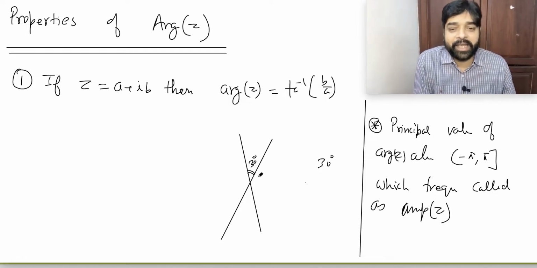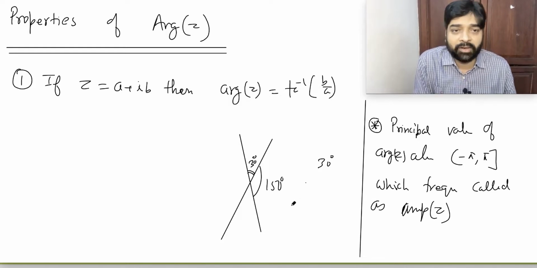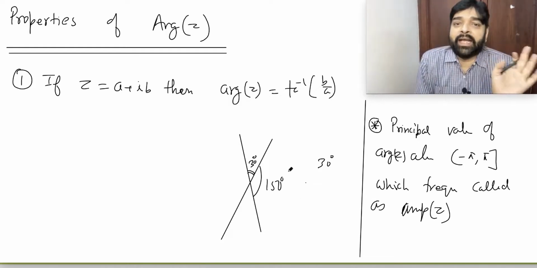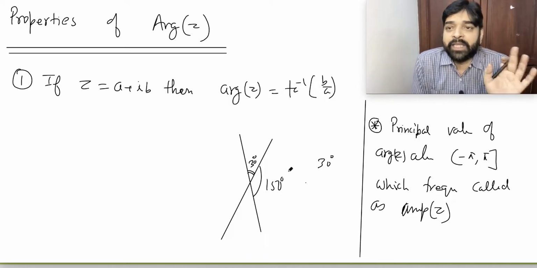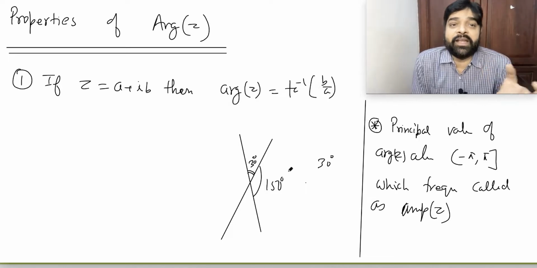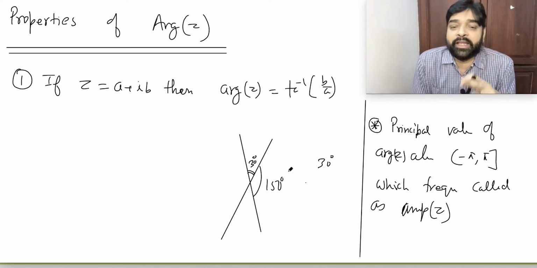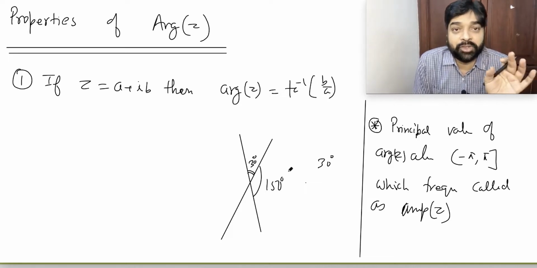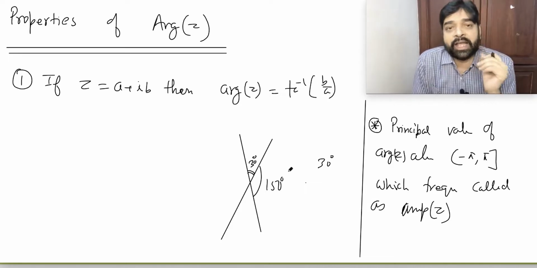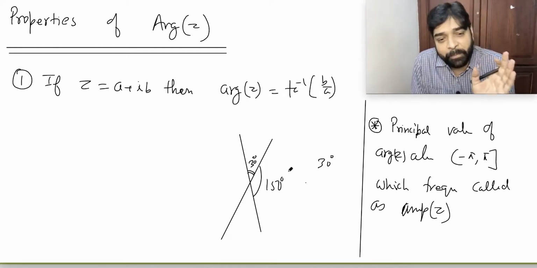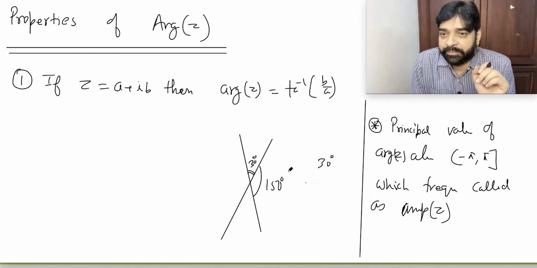We can say the angle between these two lines is 150 degree also. Can we say or not? But by default we always say acute angle. Angle between two lines means acute angle they are asking you. If especially they mention to find the obtuse angle between the two lines, then only you will say 150 degree. Otherwise you should not get confused whether they are asking acute or obtuse. It's by default acute angle. Same way, by default you have to tell the principal value.